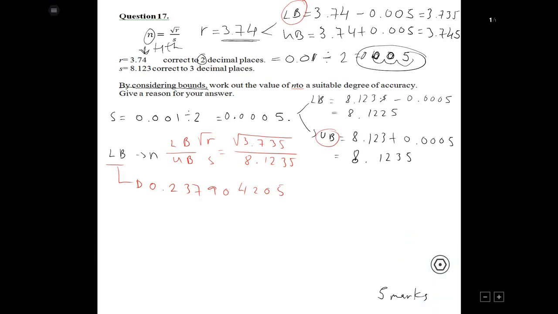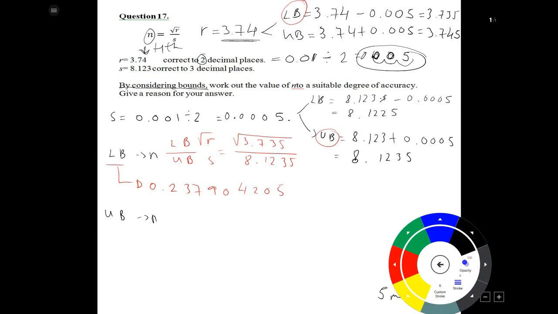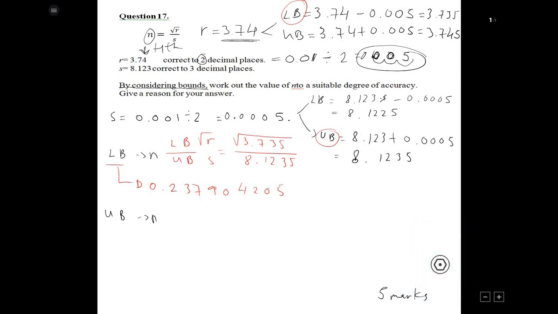So to work out the upper bound of n, again you have to sit and think about it, so don't just jump in, I would say. So I'm looking for the biggest possible number I could get when I'm dividing.